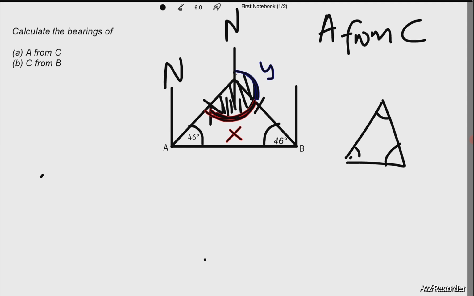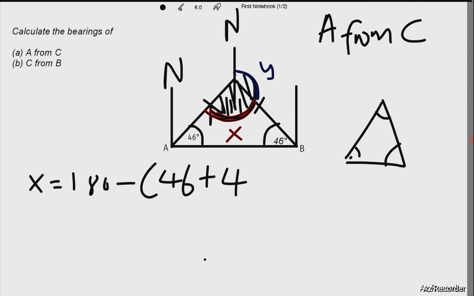So to find X, we say X is equal to 180 minus 46 plus 46. These are the base angles. So 180 minus, then 46 plus 46.